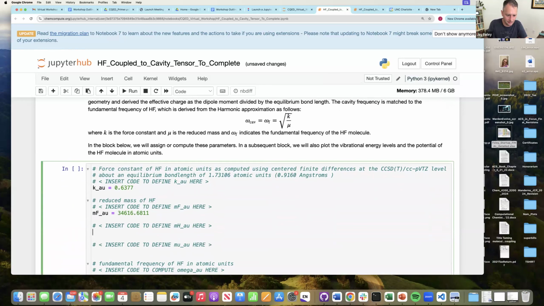So lowercase m, uppercase H underscore AU is equal to this number. And then I actually need to compute the reduced mass. So I'll say mu underscore AU is equal to mF underscore AU times mH underscore AU divided by the sum of mF underscore AU plus mH underscore AU.